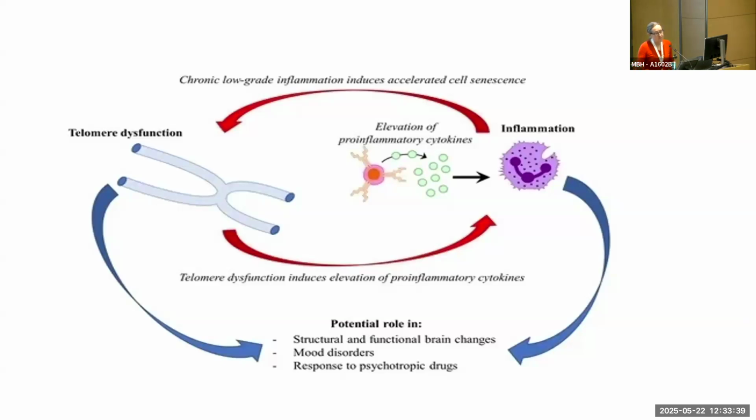But there's this kind of feedback loop that can happen as well. In other words, shorter telomeres can actually be involved in the production of pro-inflammatory cytokines. So in addition to being sensitive to reactive oxygen species damage, they can actually facilitate that process.